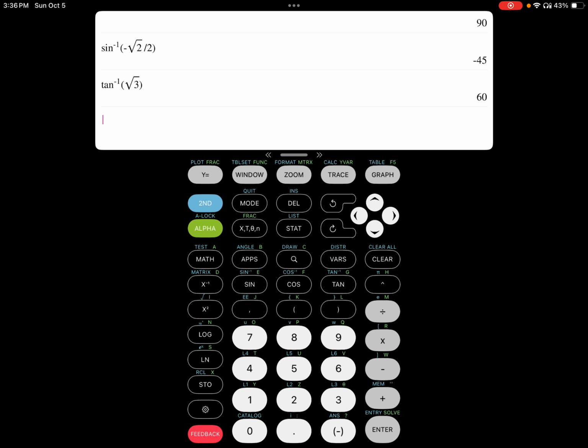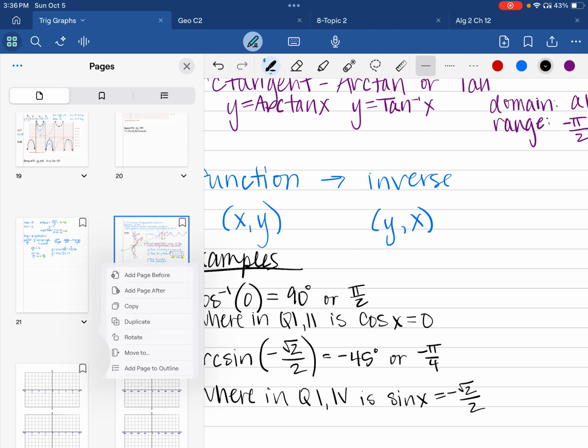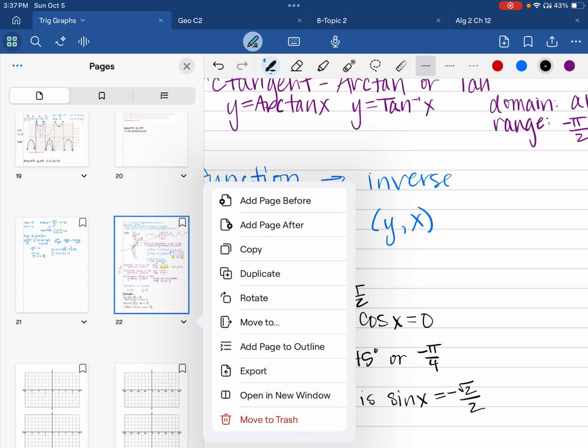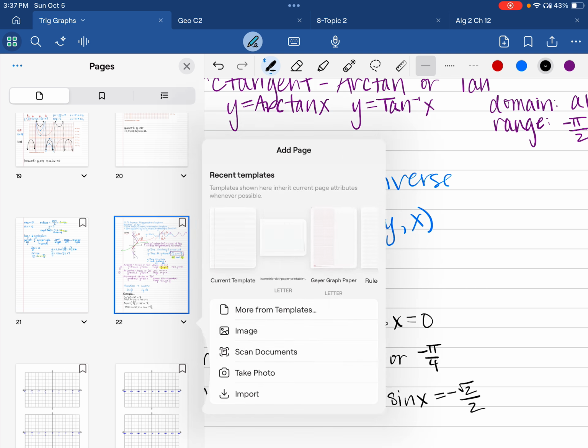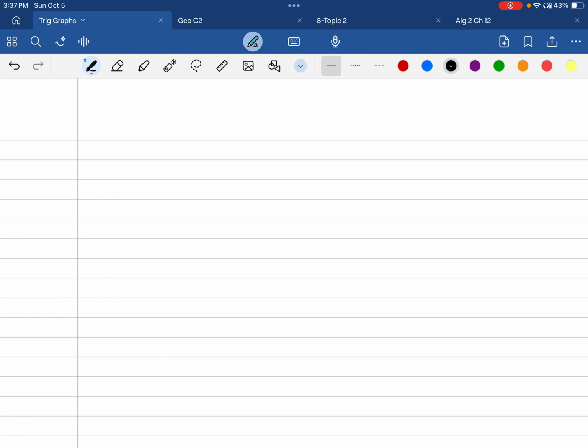So the second part of this objective is finding a trigonometric value of an inverse function. That sounds worse than it is. This is going to align with example 2 in your book as well. The example that they use is to evaluate the tangent of the inverse cosine of 1/2.